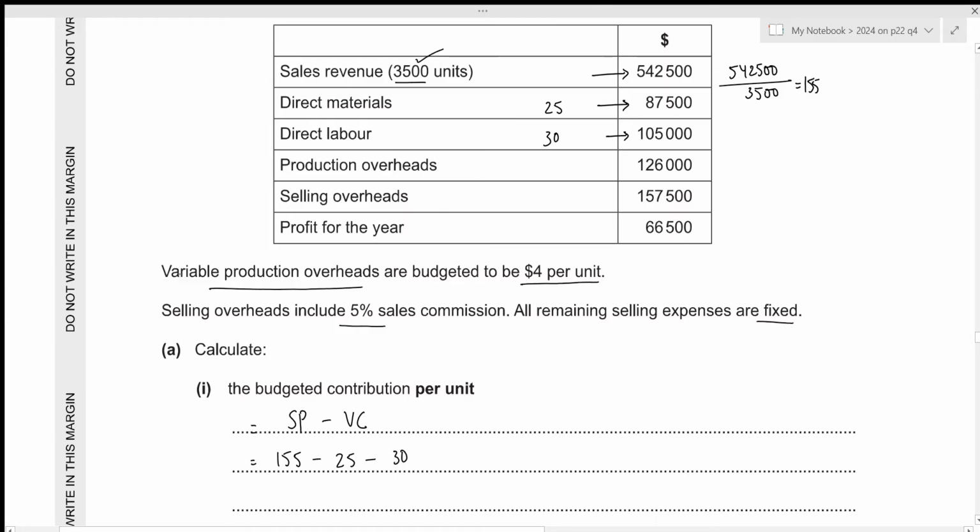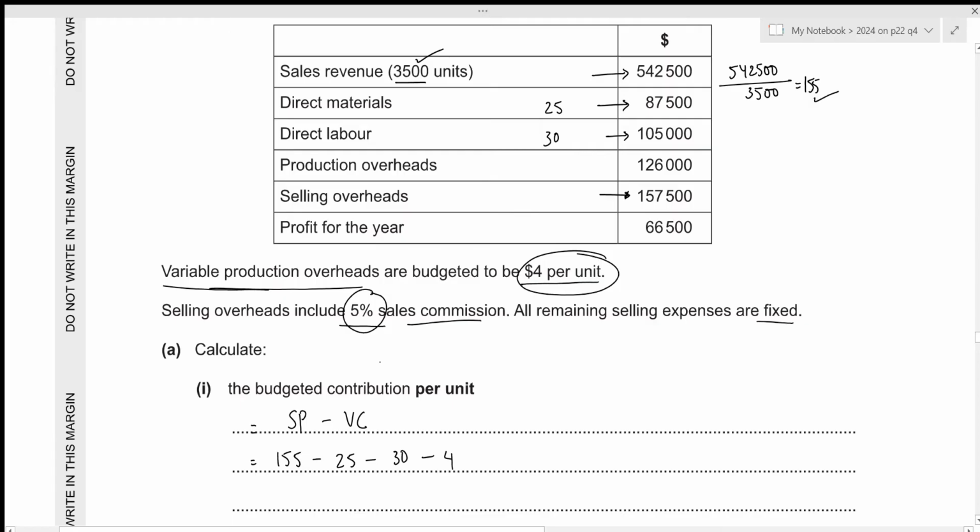Then for production overheads, we have been told that the variable production overheads is 4 per unit. So we need to subtract this 4 as well. Then we have selling overheads, which includes 5% sales commission. Sales commission will always be a part of the variable cost because it depends on the number of units that is being sold. And it's 5% of the selling price, not 5% of the selling overheads. That's a major mistake a lot of the students make. But remember that whenever you have the percentage for sales commission, that is the percentage of the selling price.